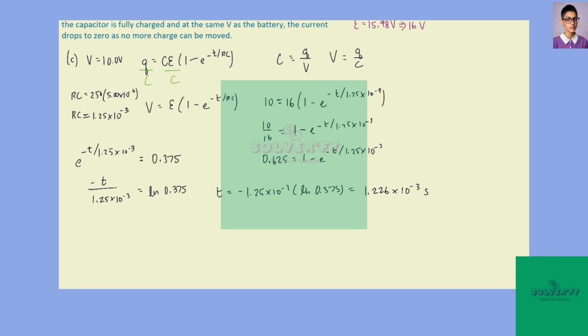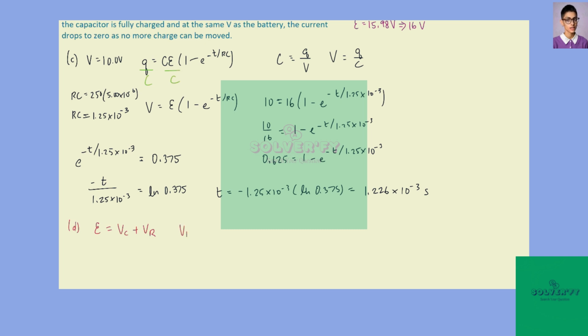And finally, part D. When the voltage across the capacitor is 4 volts, what is the voltage across the resistor? No, I don't write in red very often, so we'll use red for this one. Well, here's the thing, guys, the EMF will always be equal to the voltage on the capacitor plus the voltage of the resistor.